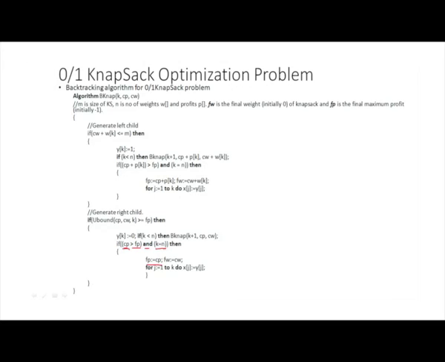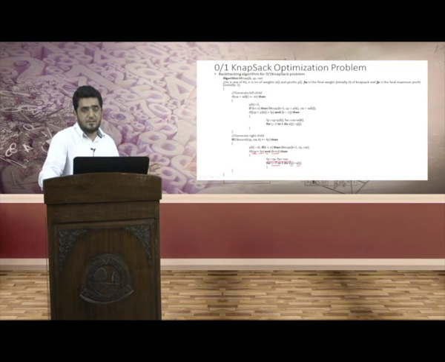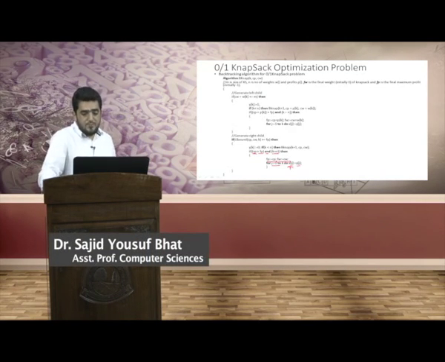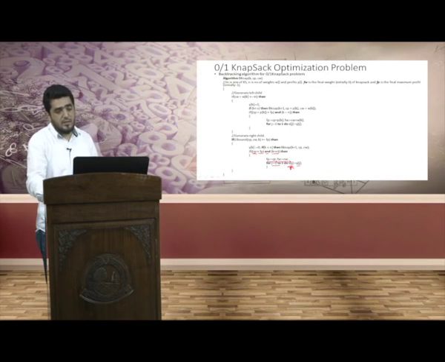the final profit is taken to be the current profit, and the final weight is taken to be the current weight, and for i equal to 1 to k, we transfer the values of y to x. As I said, y here is a temporary vector storing the intermediate values of our solution tuple, and this x here will be the final solution in our case.